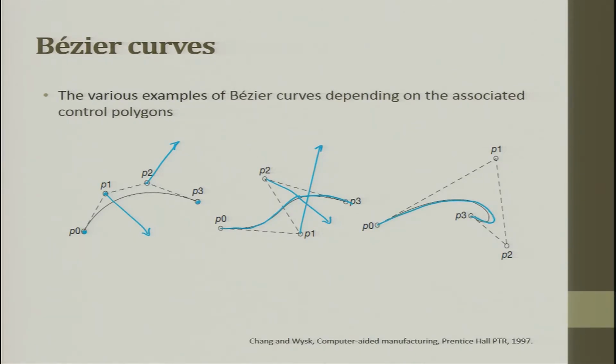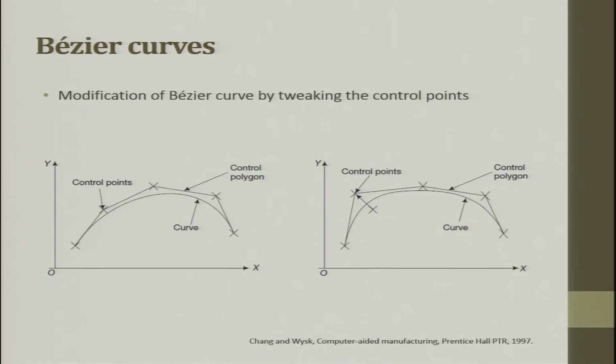So, from an application point of view, the control points decide the curve profile. So, there is a modification of the Bezier curve by tweaking the control points. You can change the curve. Okay. And here what happens is, you can see I have just moved a control point from here to slightly here.